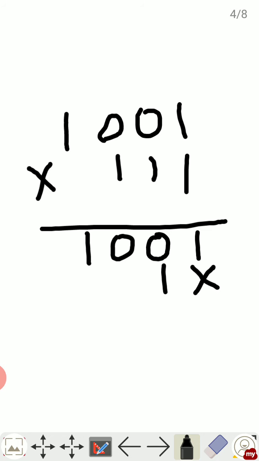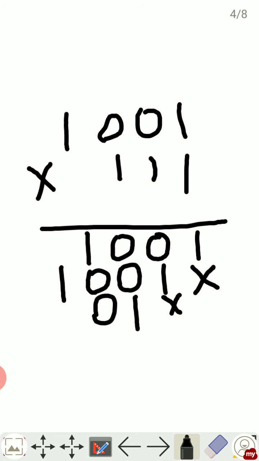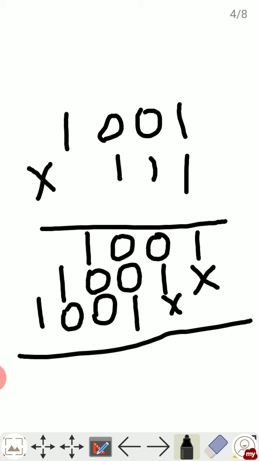Again 1 ones are 1, 1 zeros are 0, 1 zeros are 0, 1 ones are 1. Again 1 ones are 1, 1 zeros are 0, 1 zeros are 0, 1 ones are 1. Now let's add all these digits. So 1, 0 plus 1 is 1, 0 plus 0 is 0, again 0 plus 1 is 1, 1 plus 0 is 1, again 1 plus 0 is 1, 1 plus 0 is 1, and here again 1. So this is how we do binary multiplication.